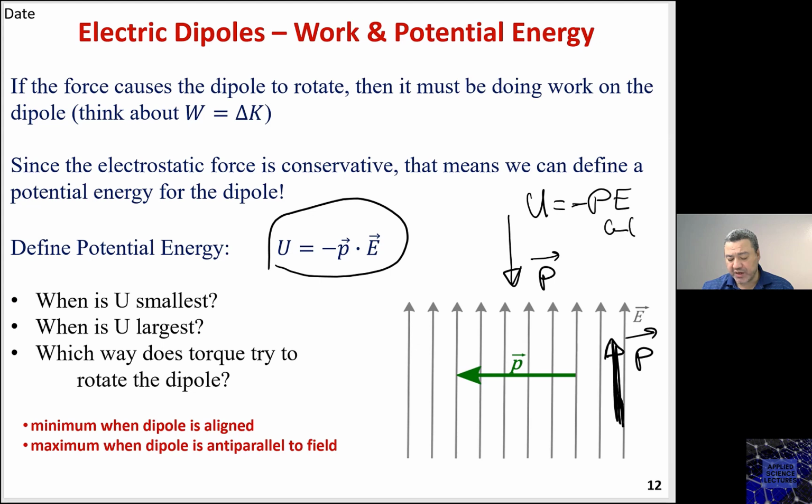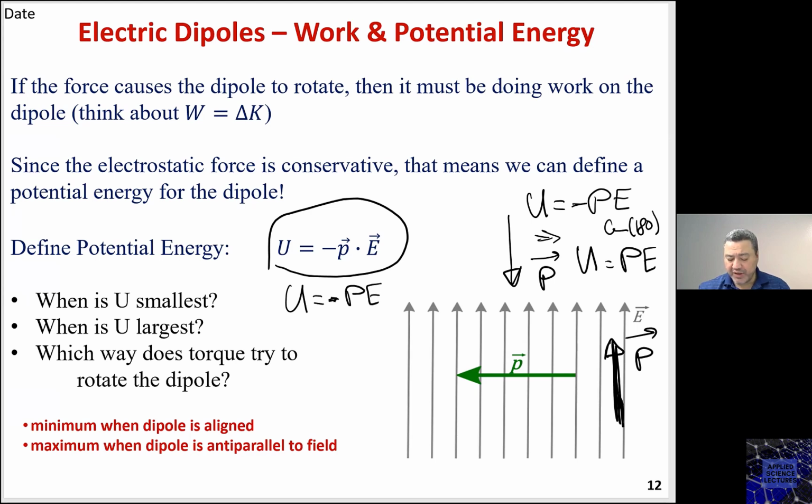Then this is cosine 180 degrees, and in this case U becomes positive PE. So if you compare now those two states, where the dipole moment is parallel, I have U equals minus PE. This is the electric potential energy.